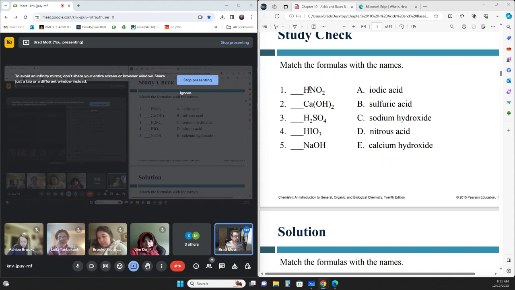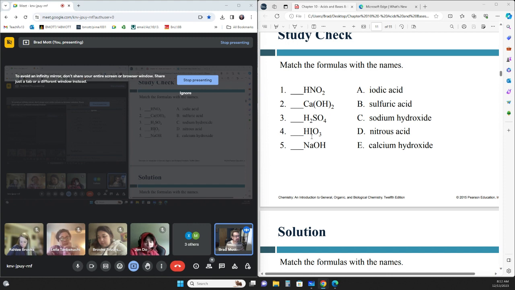Okay, so I'm just going to run through these somewhat quickly. Again, exposure. So I have a nitrous here, so you can look through here. We have a nitrous acid. Okay, calcium hydroxide, which we just saw. Okay, hydrogen, and with that sulfur. So we know we have sulfuric acid.